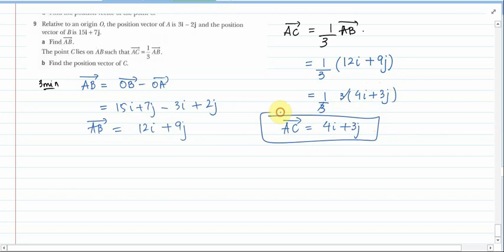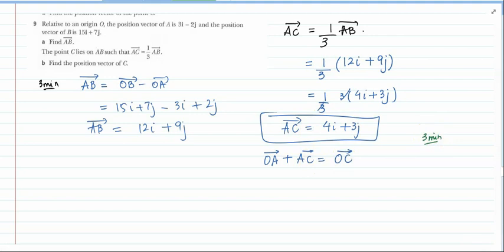Alright, after that we need to find the position vector of C. So I can say that OA plus AC is equal to OC. Place the values here and find the vector OC, and for this part, to note down the vector AC and to solve this one, you have a time of 3 minutes. So give it a try, start.